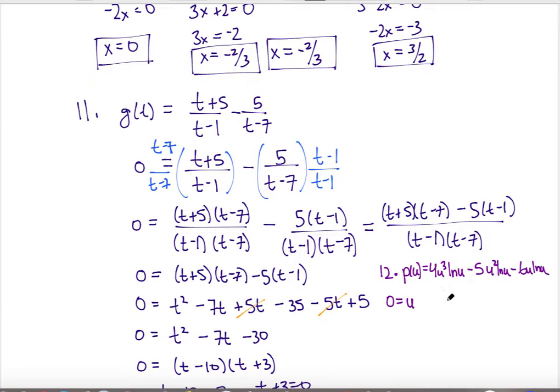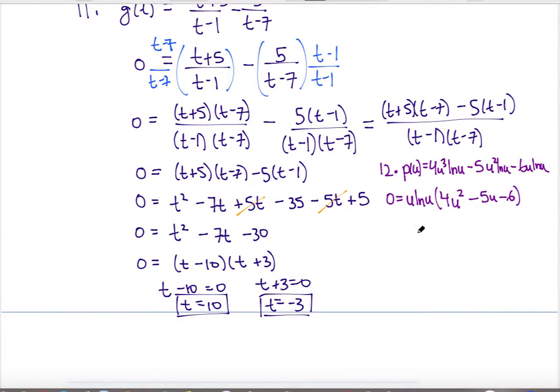So if I factor out a u and ln of u, what's left over is 4 and then 2u's, so that's u squared, minus 5, and now 1u is remaining in the second term. And then in the last term, all that remains is a 6. So I have now a quadratic that I can factor.